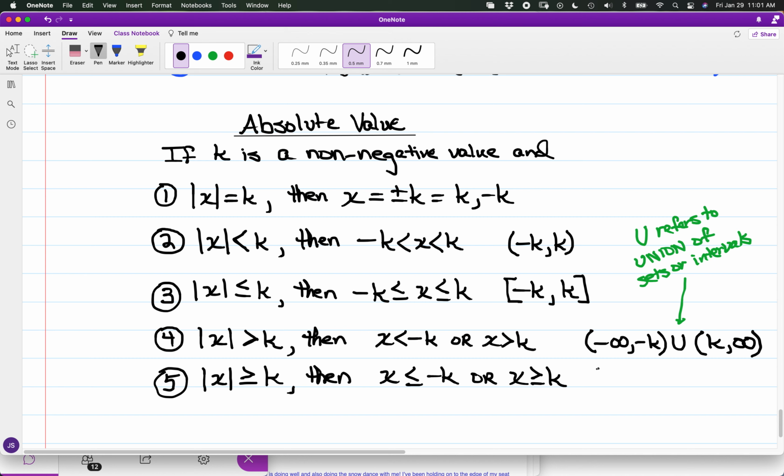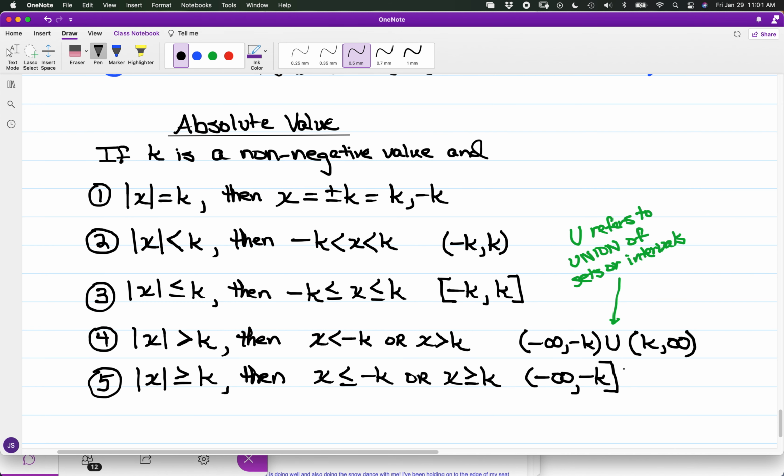And the interval notation equivalents: from negative infinity approaching and including negative k, so negative k is going to be in the brackets. And then at the other end, going from and including k and heading on out to infinity.